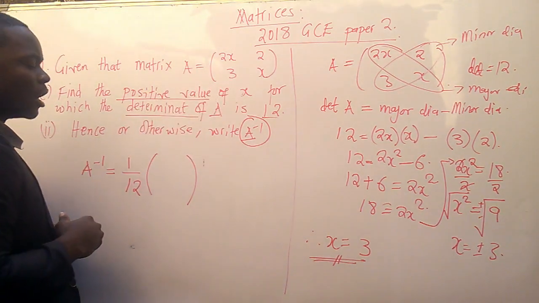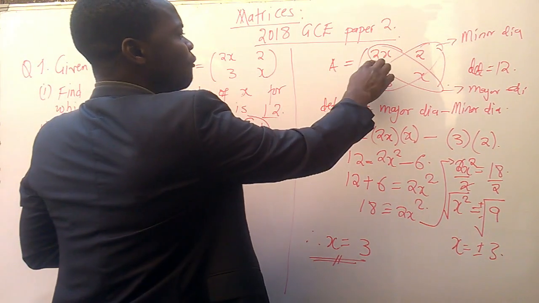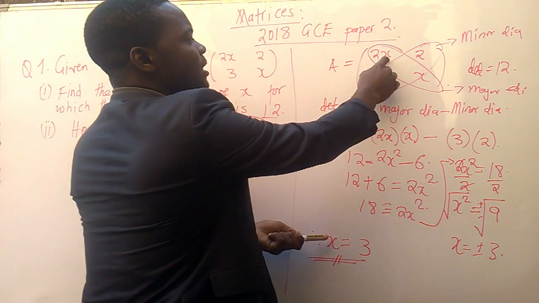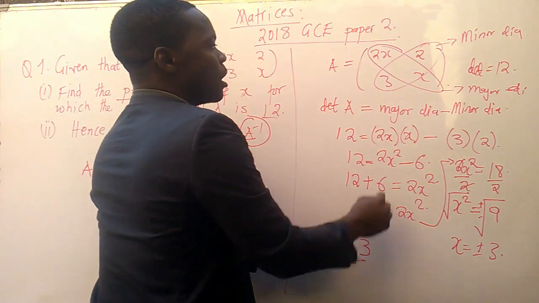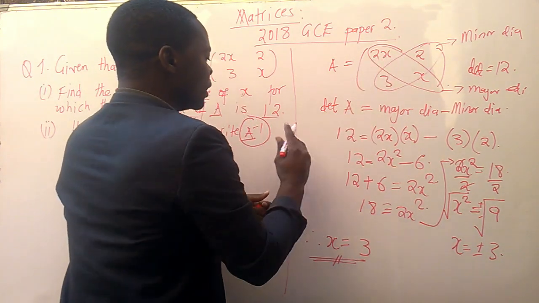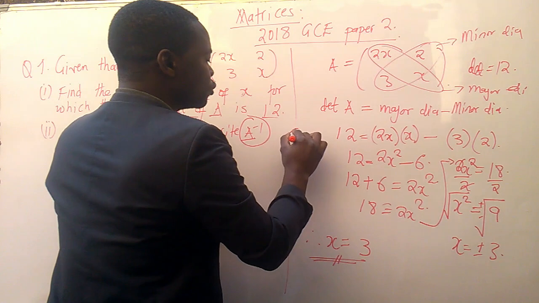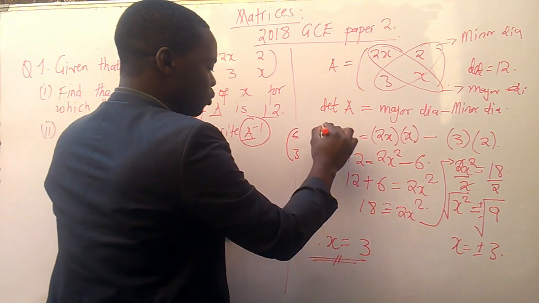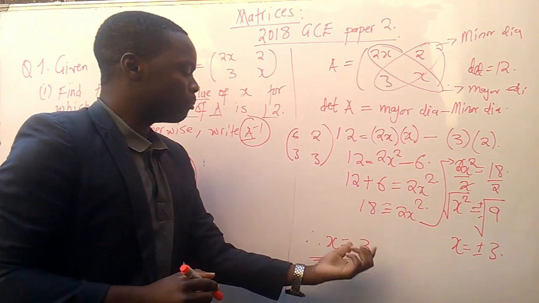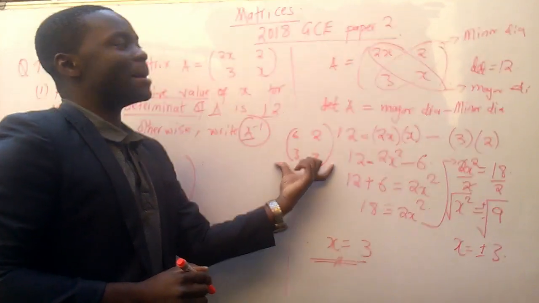Let's check our matrix now. Our matrix, we have 2x. If I can write our matrix by substituting the value of x, by substituting 3 where there is x, it's going to be 6, 3, 2, and 3, like this. If we substitute wherever there is x, we put 3, we are going to have this matrix.